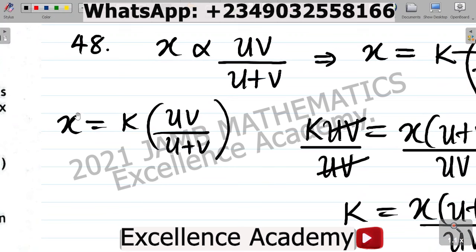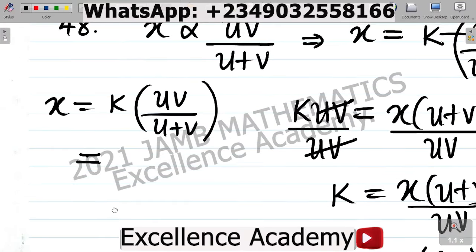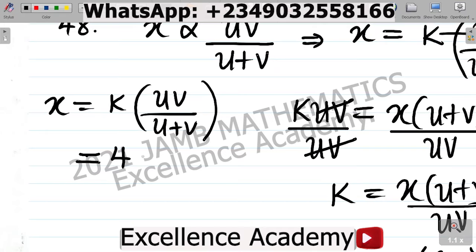So x will be equal to, what's k? We got k as 4, so that becomes 4 into uv, which becomes 3 times 3.